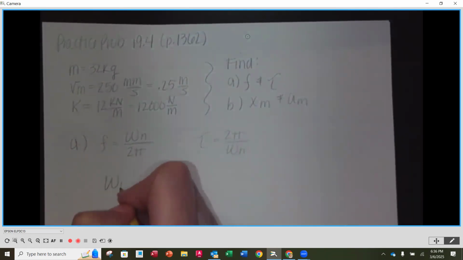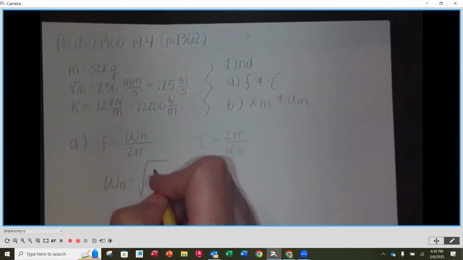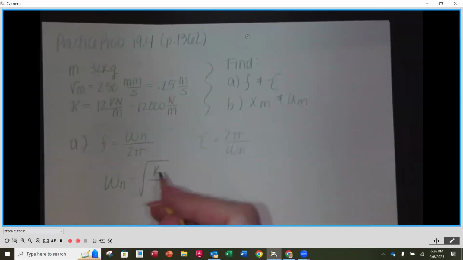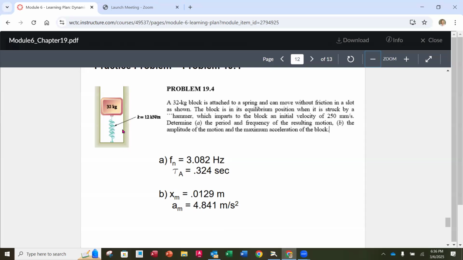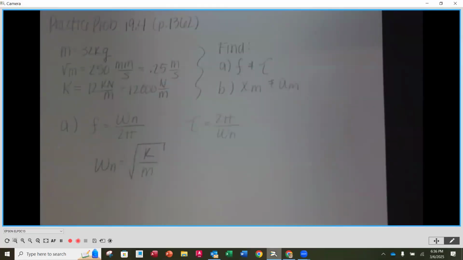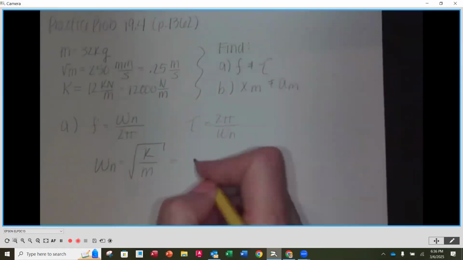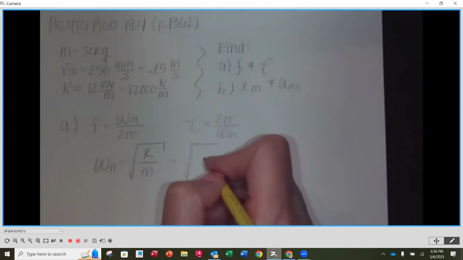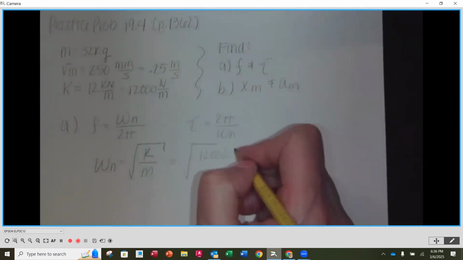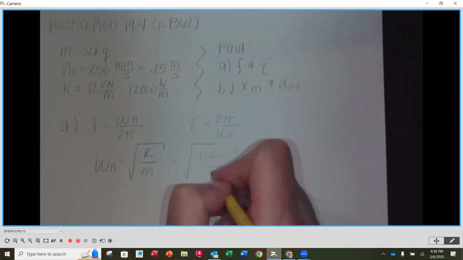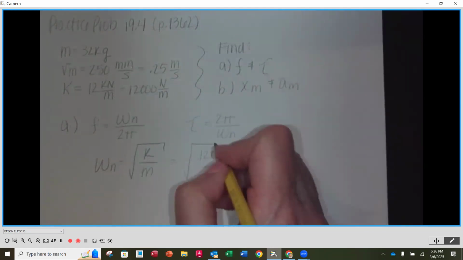That is equal to the square root of the k factor of the spring divided by the mass. There is only one spring in this situation, so we don't have to deal with getting an equivalent spring. We use the spring rate directly: the 12,000 newtons per meter divided by 50 kilograms.